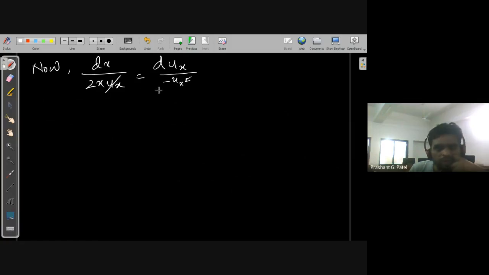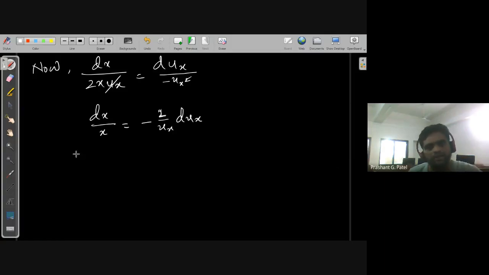So that gives me dx upon x is equal to minus 1 upon 2 into dux upon ux. If I take the integration, that gives me ln x is equal to minus 2 times ln ux plus some constant ln a. So we can write this as x into ux square equal to a.